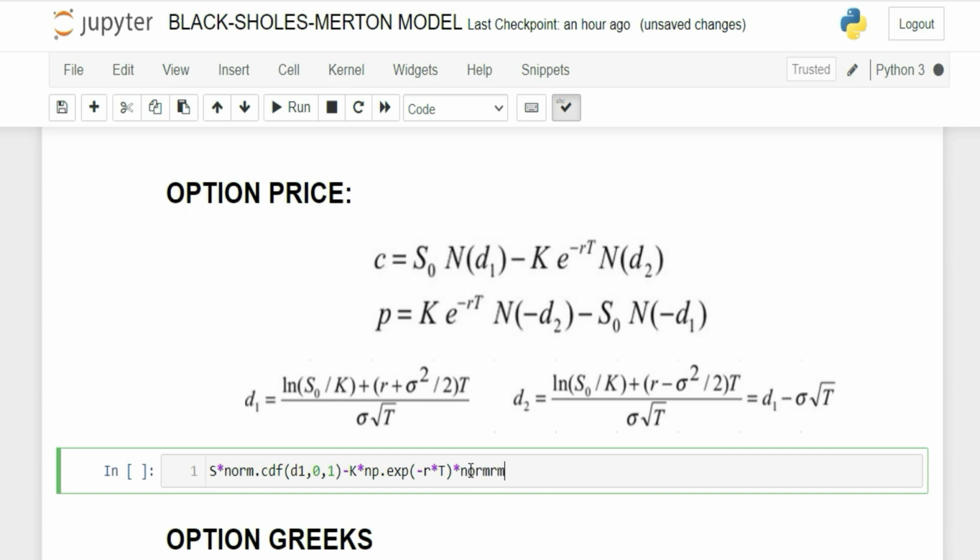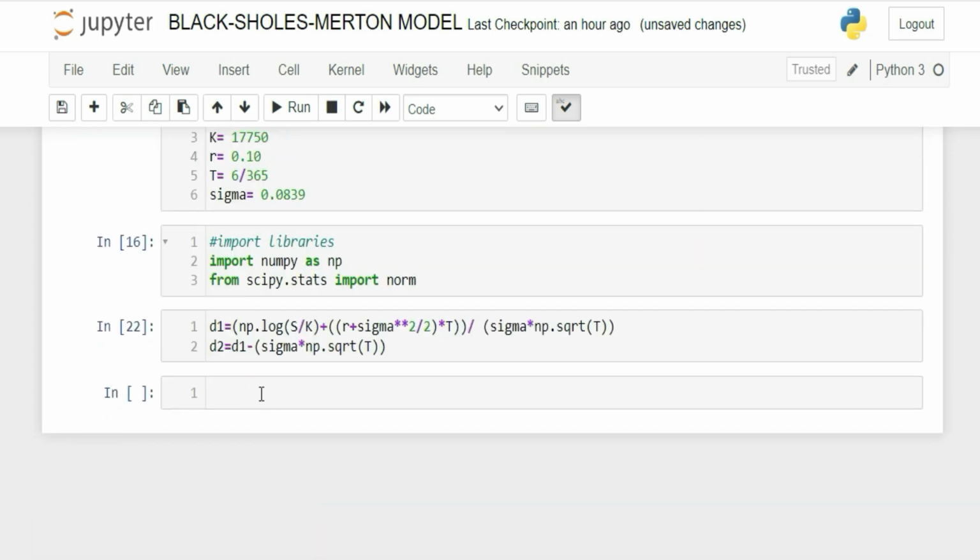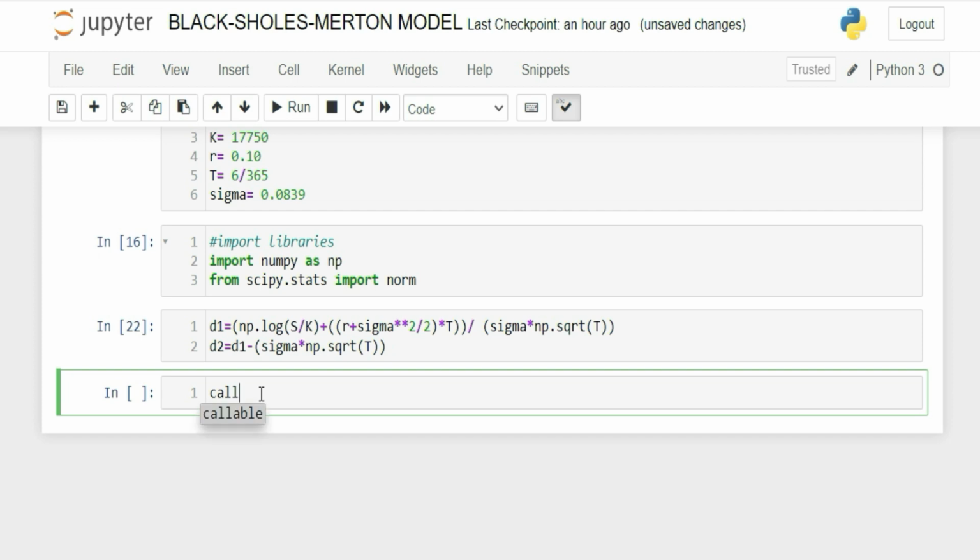So norm.cdf of D2 0 comma 1. So S ND1 minus K e to the power minus RT into norm of this one. So this is my call price. So put it here. So the call price is equal to this.